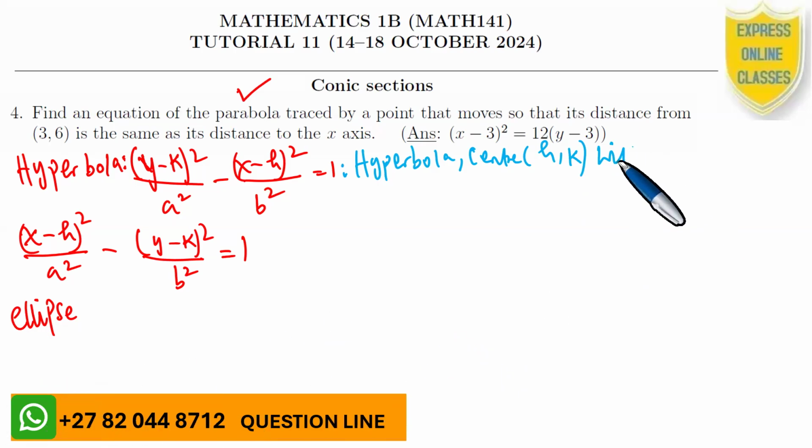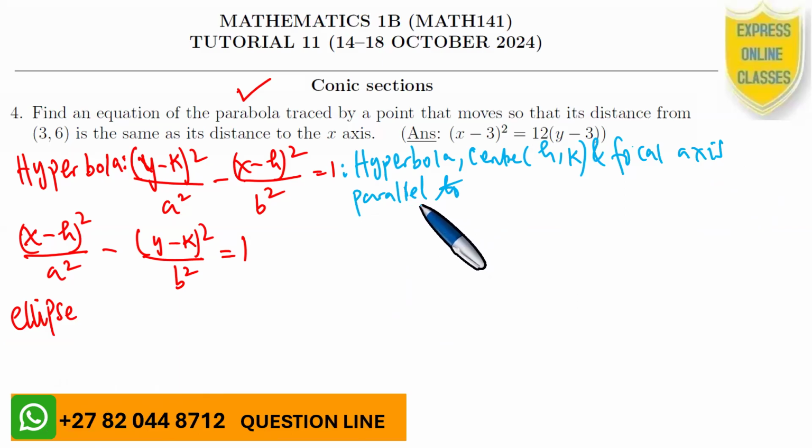Or sometimes we use end. So it is a parabola with center HK and focal axis parallel to the y-axis.